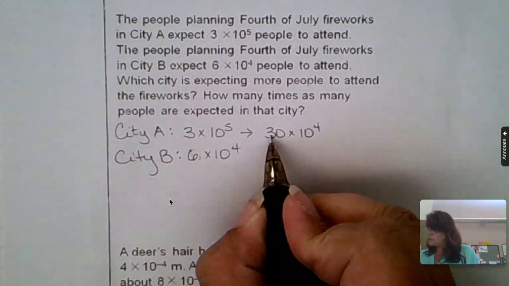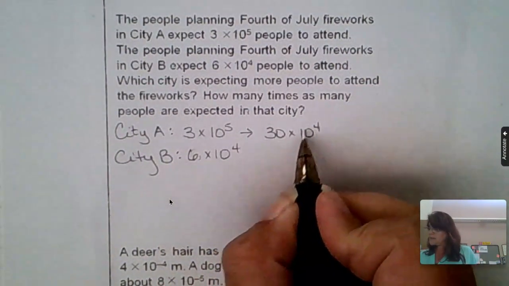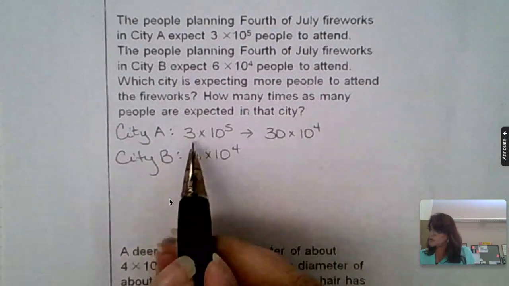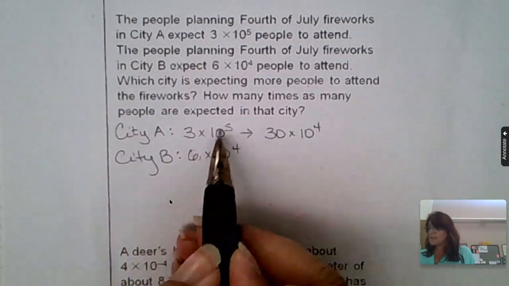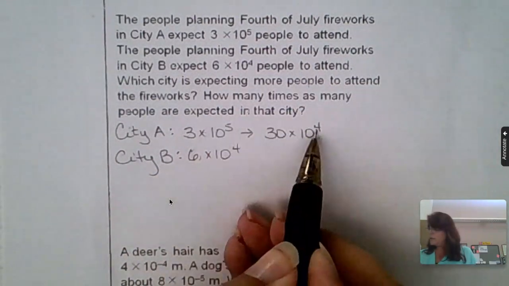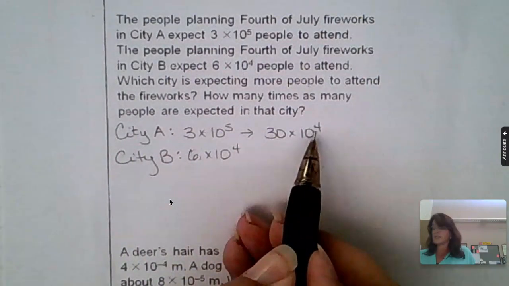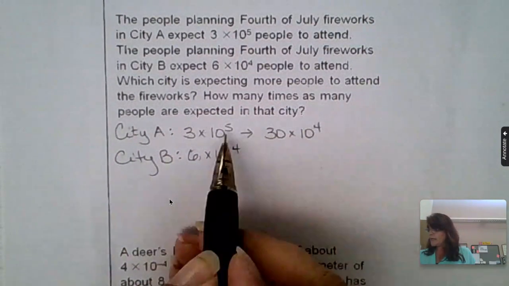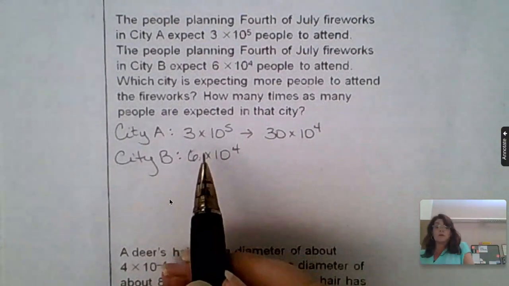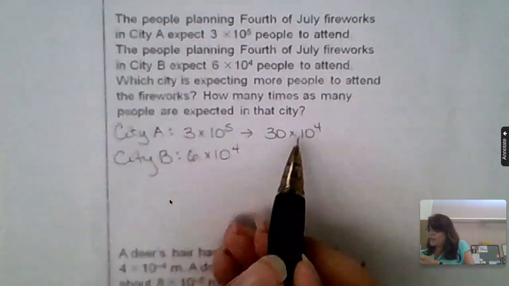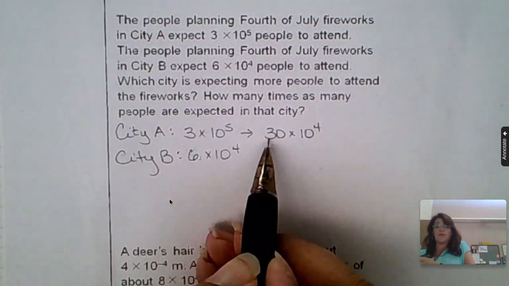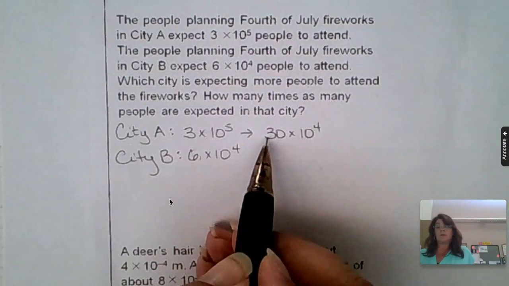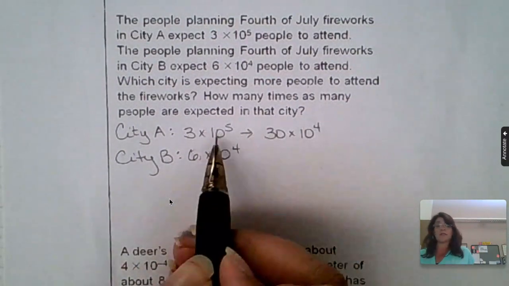Well, 30 times 10 to the 4th power. So notice I had 3 times 10 to the 5th power. I took 10 times 10 away from it, so I put it back here with the 30. Okay, so these are equivalent.